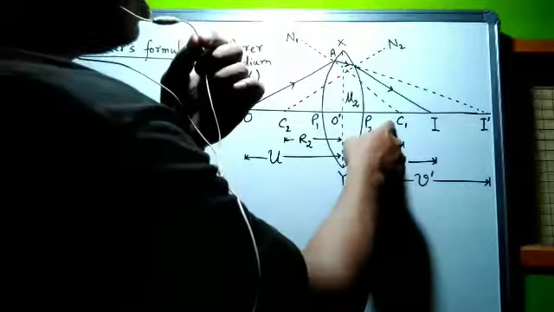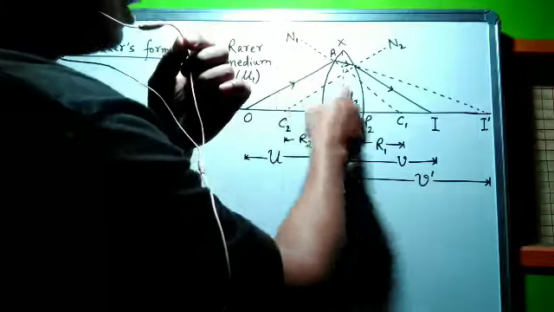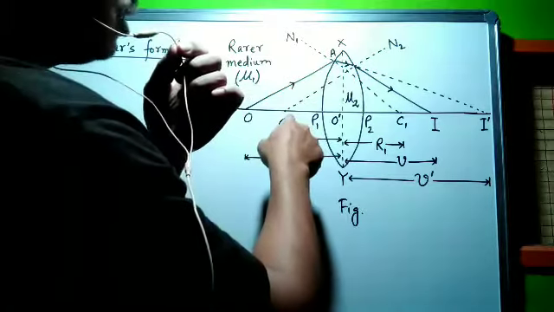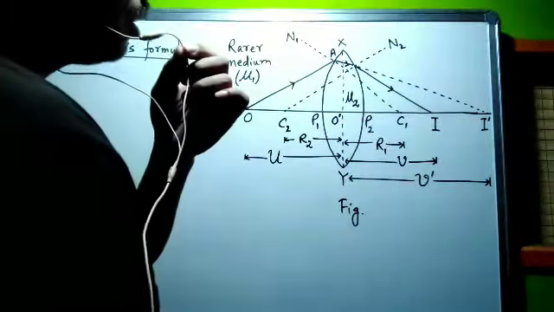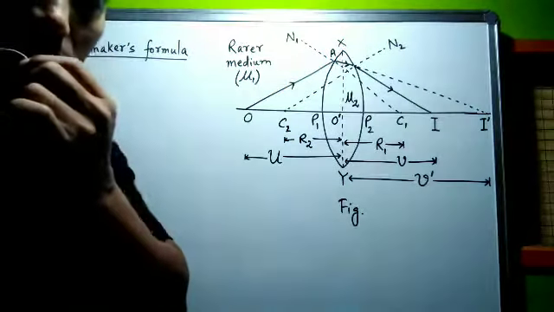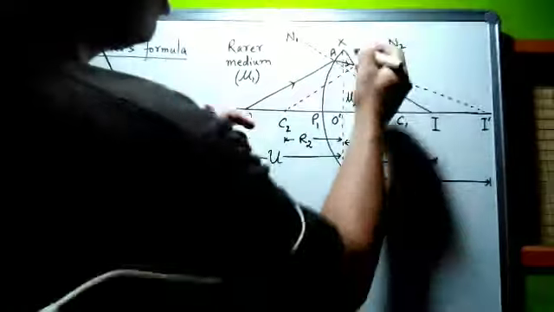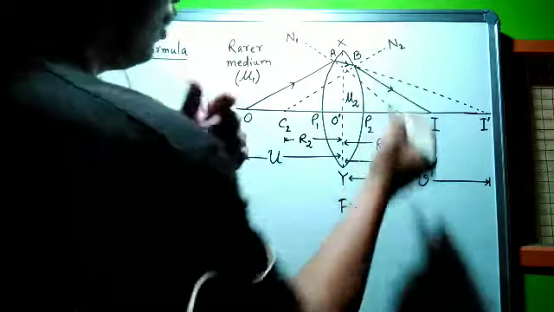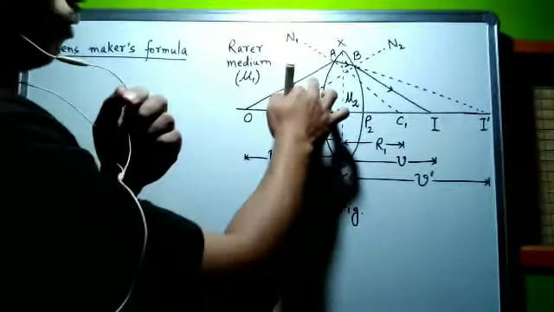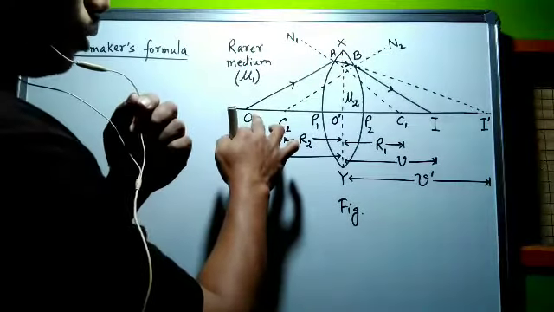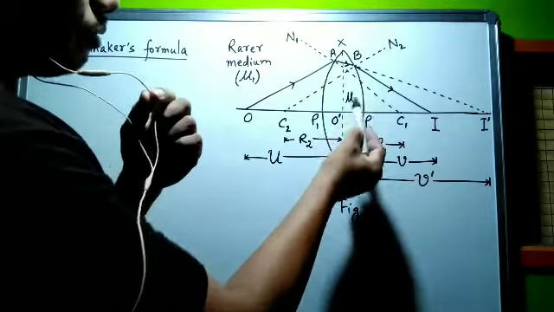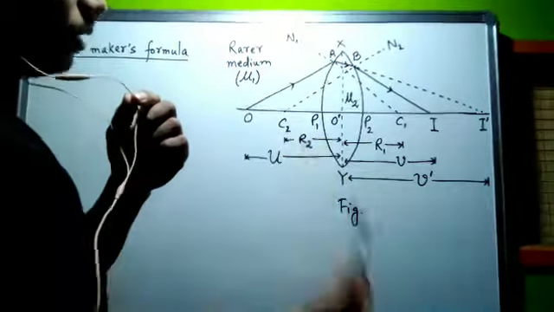Here C1N1 represents the normal line at point A, and C2N2 represents another normal line at point B. OA represents a ray of light emerging from the point object O and incident on the first spherical refracting surface XP1Y.